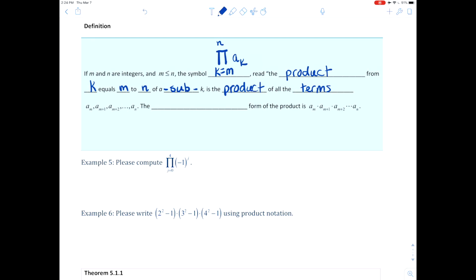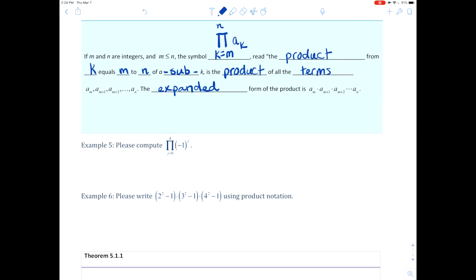So the expanded form of the product is a sub m times a sub m plus 1 times a sub m plus 2 all the way to a sub n, all of those being products. All right, so this is how it would look all together.